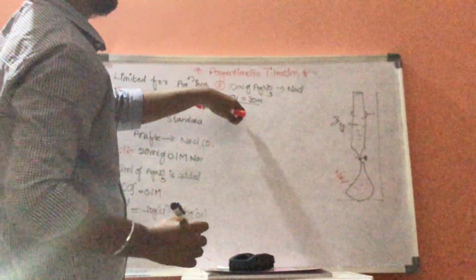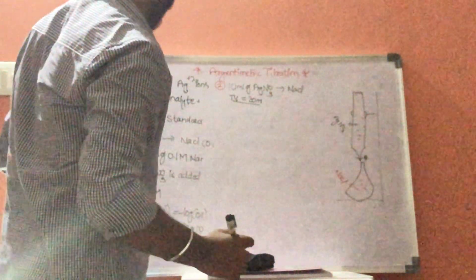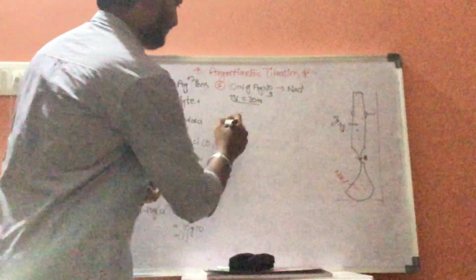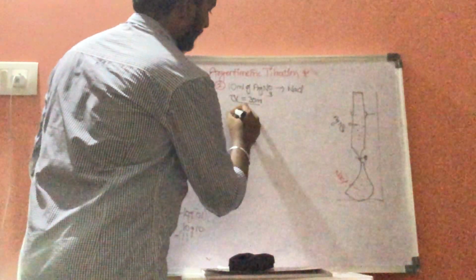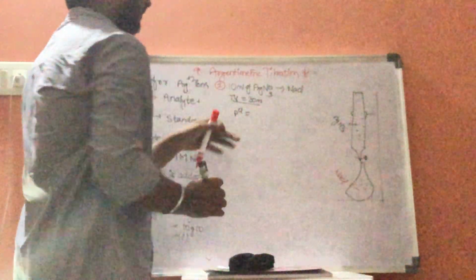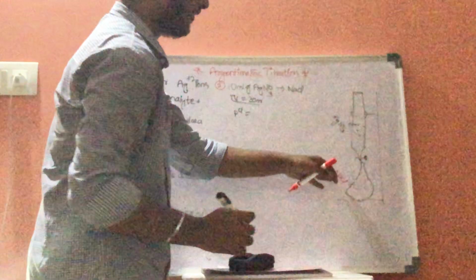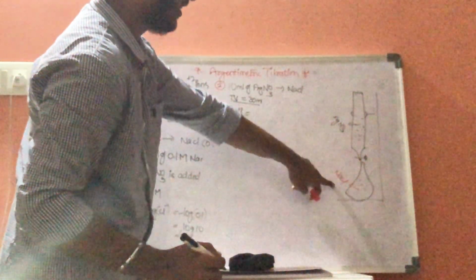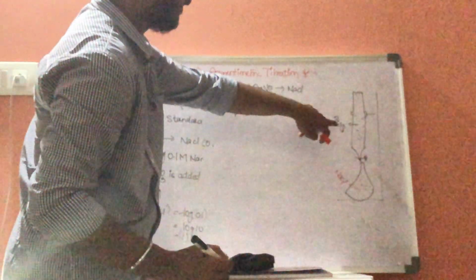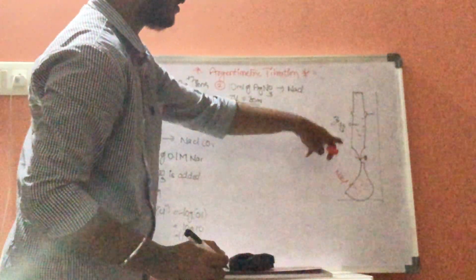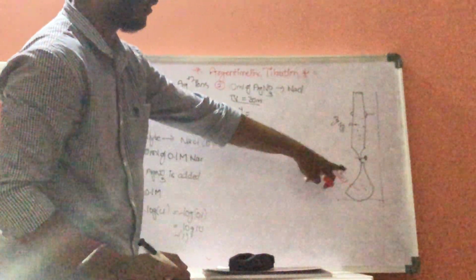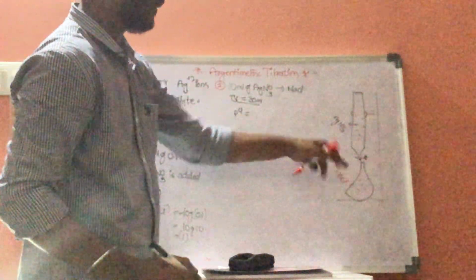So if we consider the pCl value in this condition, when we have 20 ml of NaCl and now 10 ml of AgNO3 is added, this 10 ml of AgNO3 will react with 10 ml of NaCl and 10 ml will remain.